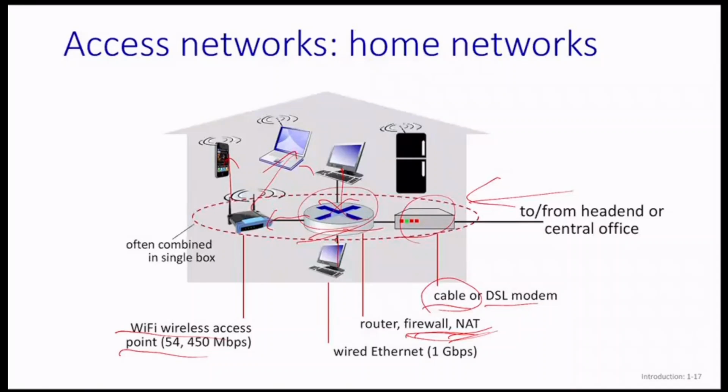Currently, if you purchase a Wi-Fi router, it includes all three things together: Wi-Fi access point, router, and modem, to provide that service. So there are some wireless or wired devices, like smartphones or other things. So this is the home access network.